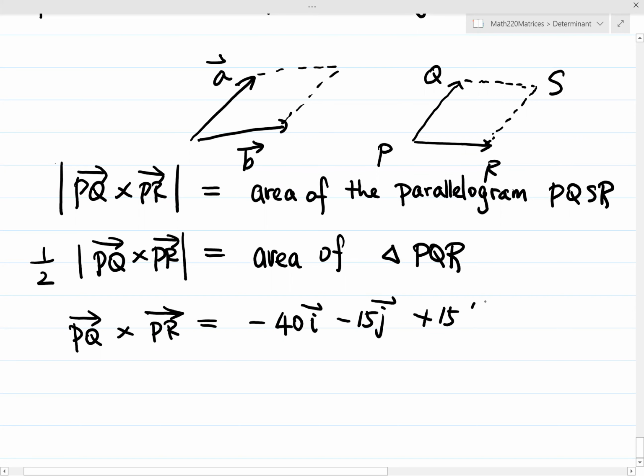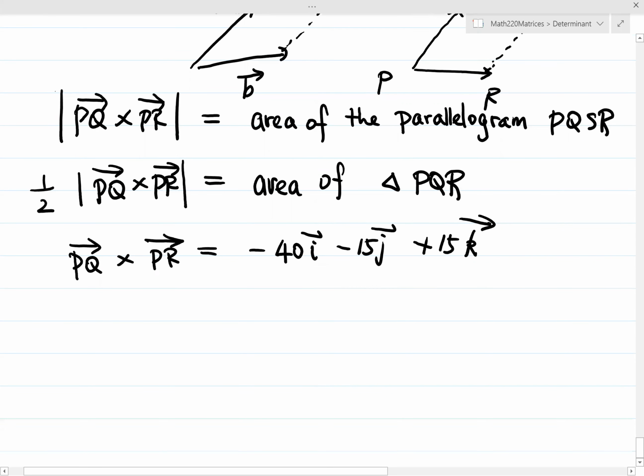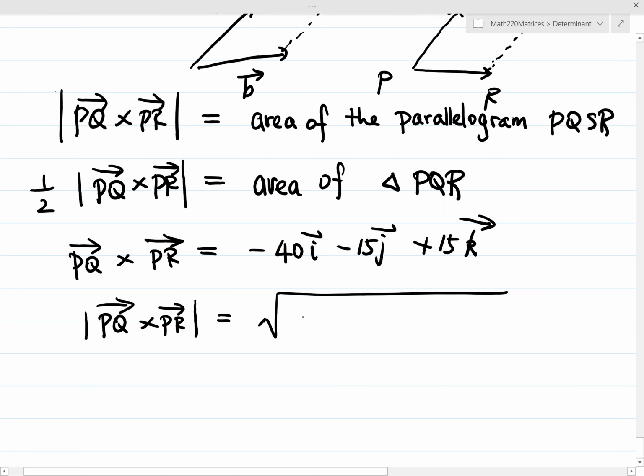Its norm will be the square root of the dot product of this vector with itself, or the sum of the squares of the components. What you finally get is 5 square root 82.